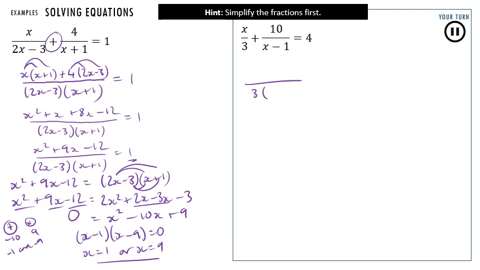So here we use 3 times x minus 1 for our denominator. So we're multiplying this by x minus 1. We're adding, and we're multiplying this by 3. Now, in this example, I'll expand the brackets out now.